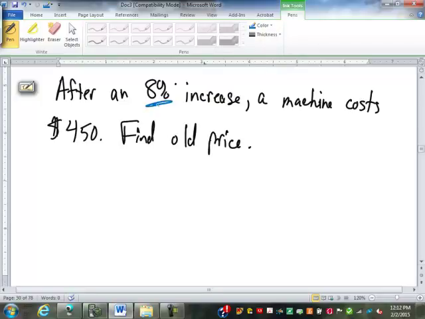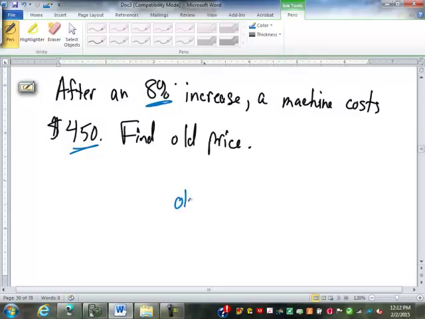Here, you would be tempted to jump in and find 8% of 450 and subtract it out. That would not work because the 8% does not come off of the 450. You might be tempted to try to find 92% of the 450. Again, that wouldn't work either because that's assuming that the 450 is still the base amount.